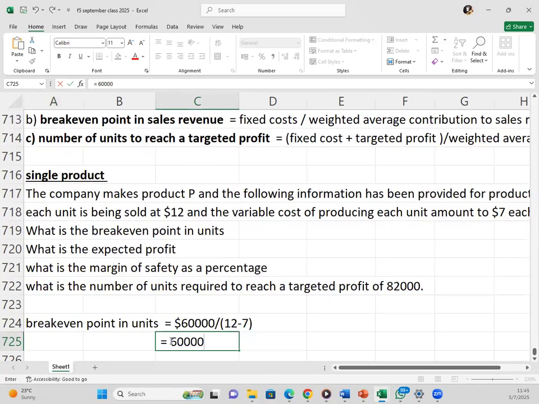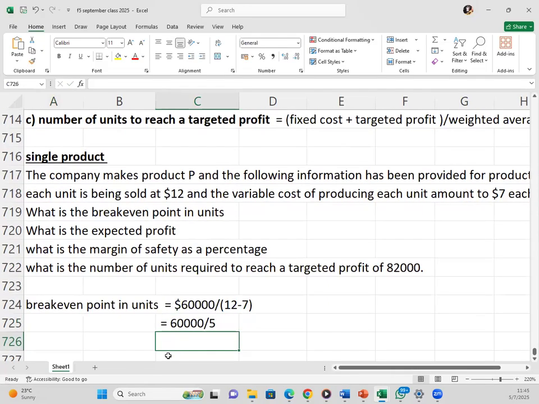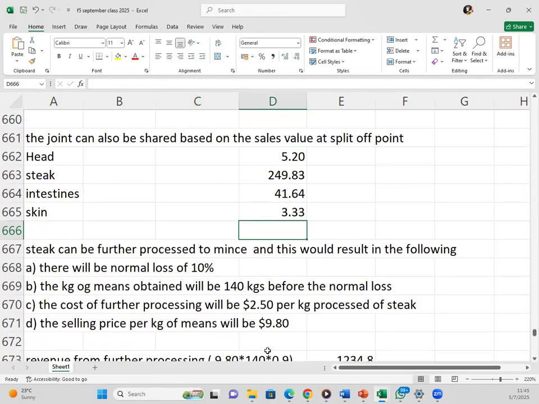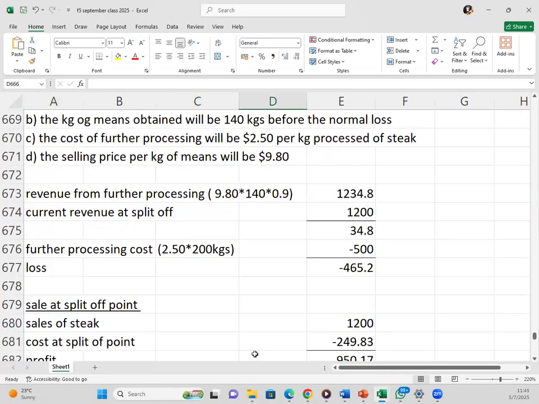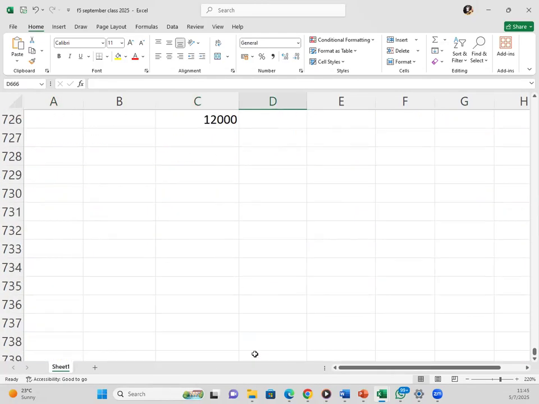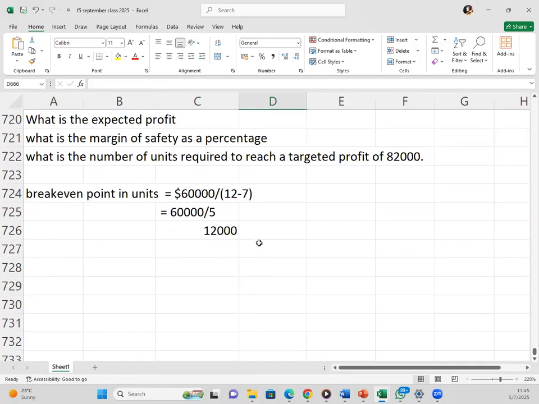So that's 60,000 divided by 5, which is 12,000. It means we break even at 12,000 units. At that level, we are neither making a profit nor a loss.